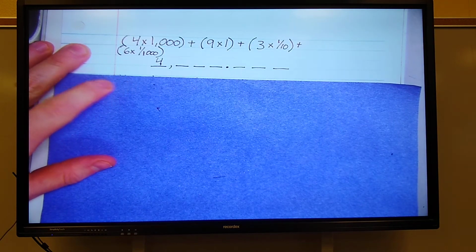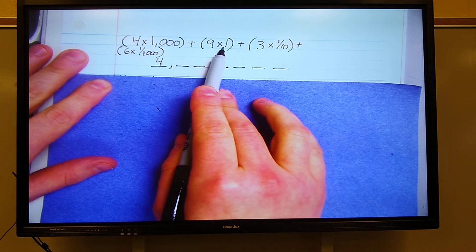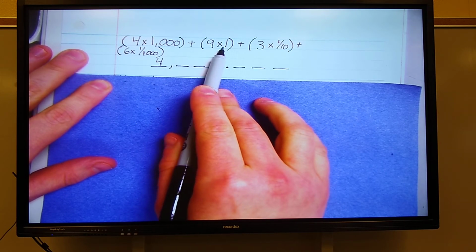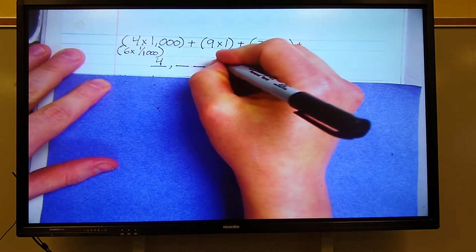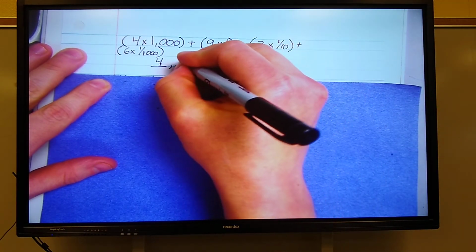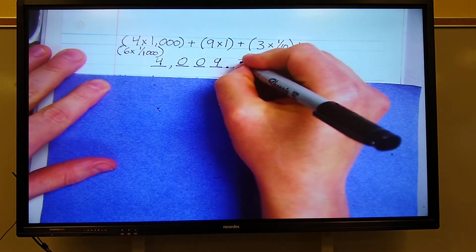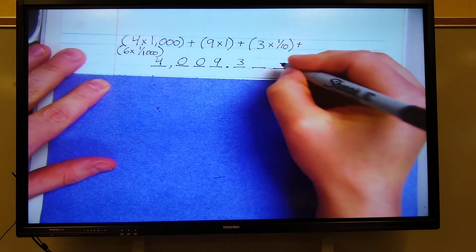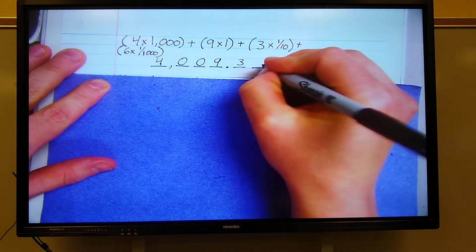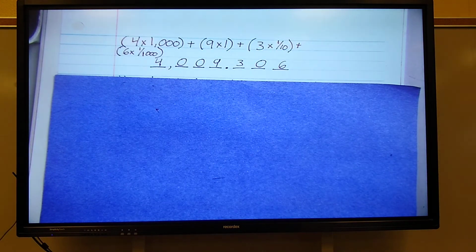Now all I got to do is fill in the blank. 4 times 1,000, 9 times 1. That's the ones place. Ones place is way over here. So I already know there's going to be a 0 here and a 0 here. Now 3 times 1/10, that's the tenths place. 6 times 1/1,000, that's the thousandths place. That means there'll be a 0 here. The answer is 4,009 and 306 thousandths.